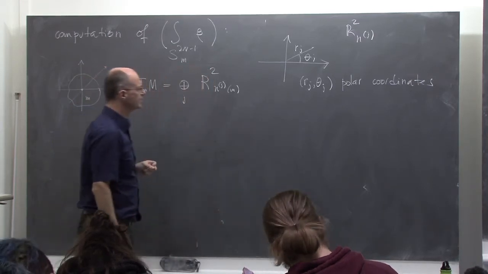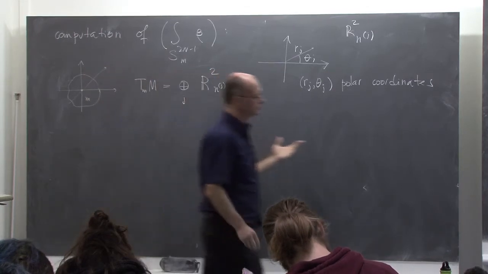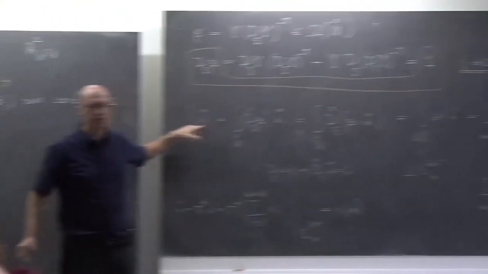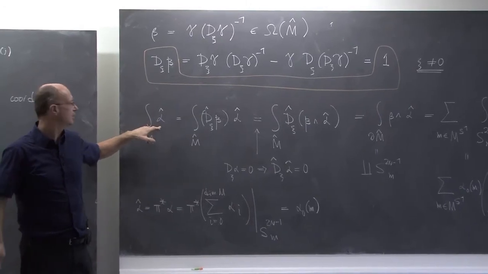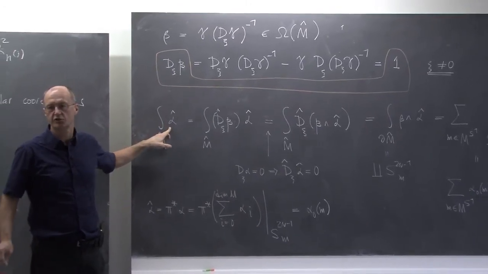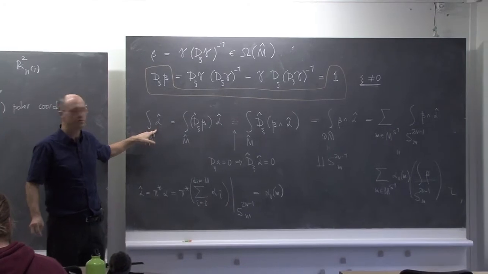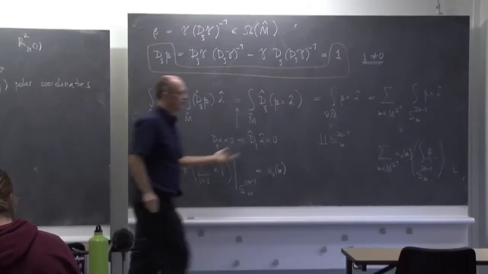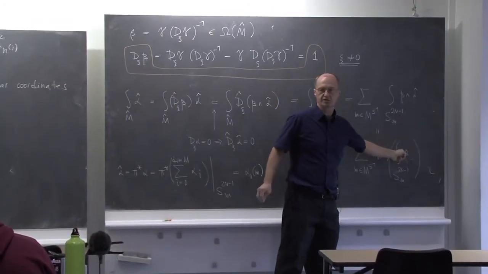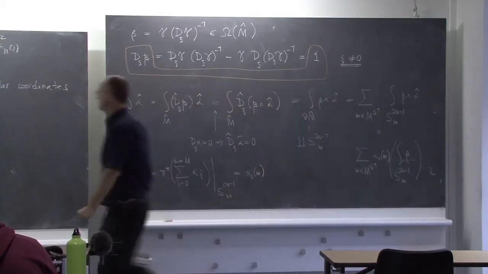In these polar coordinates, I will build a differential form alpha hat for which I know the integral, and then this would evaluate for us those integrals of beta.